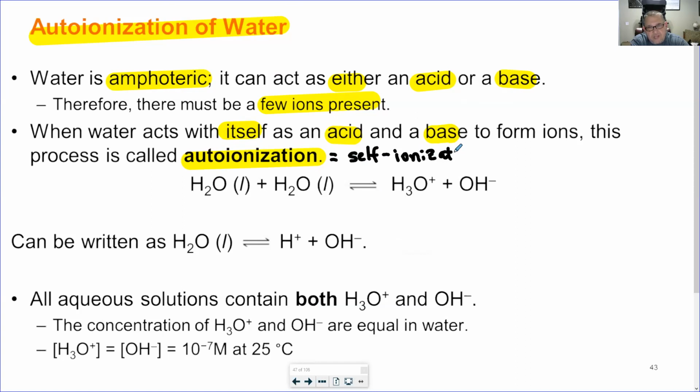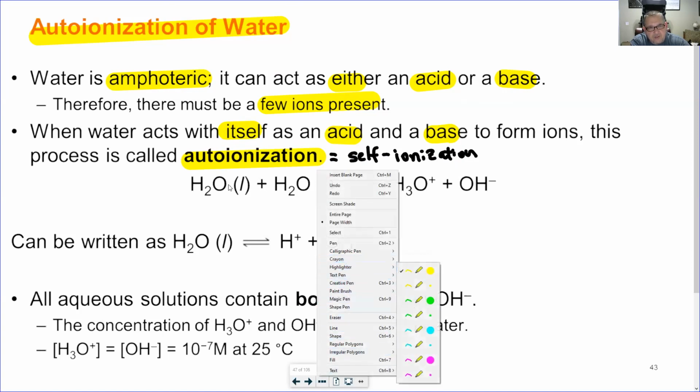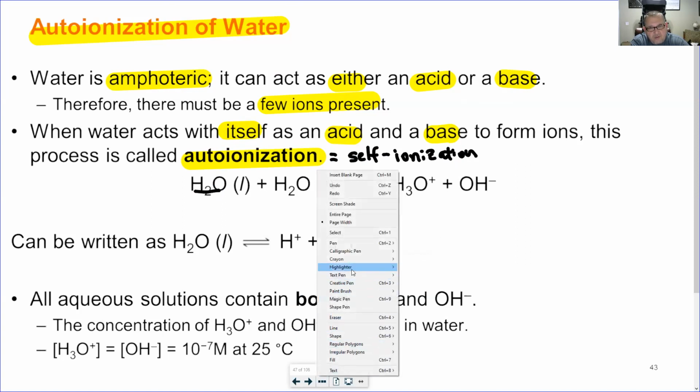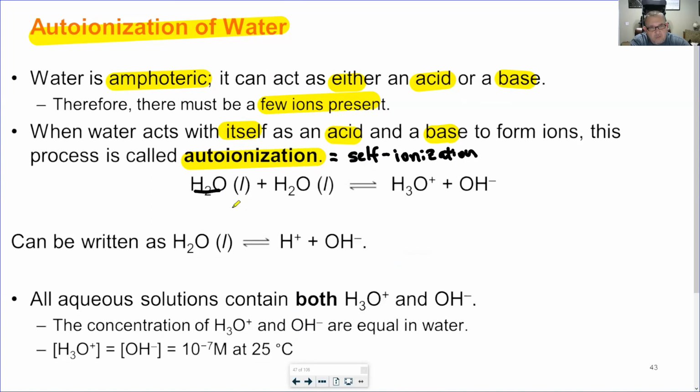But if we look at the reaction given below, what's happening in autoionization is that two molecules of water react with one another, and a proton is transferred from one molecule of water to the other.